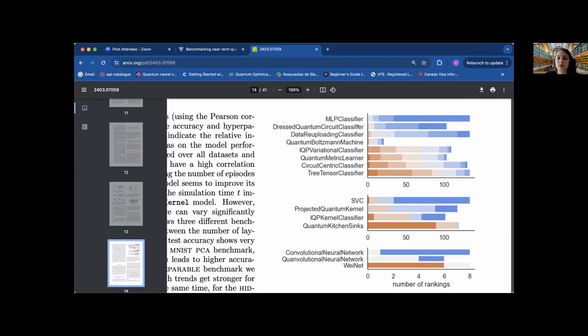The dressed quantum circuit seems to be performing well for classification. A projected quantum kernel seems to be performing moderately well in many cases. Convolutional neural network, not applicable to a lot of situations, but in some of them, yes, it does perform better.